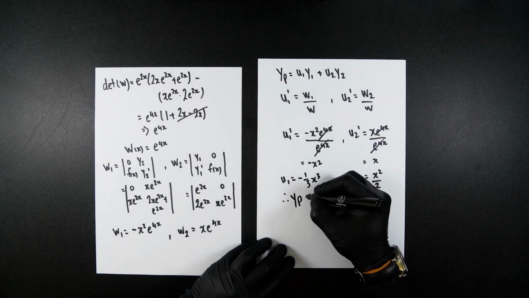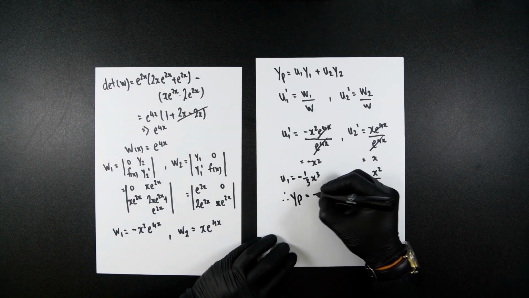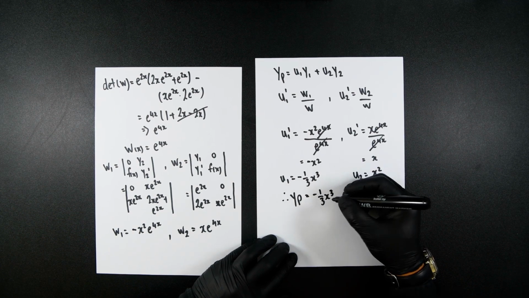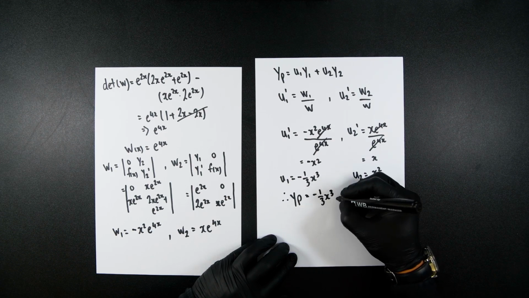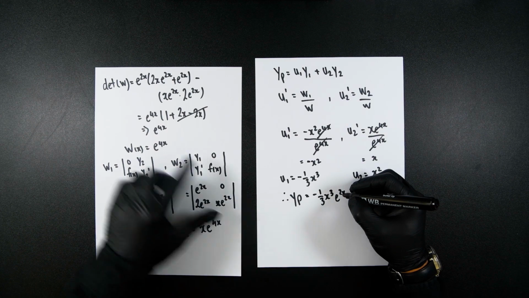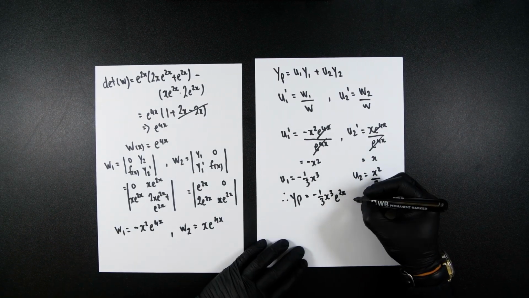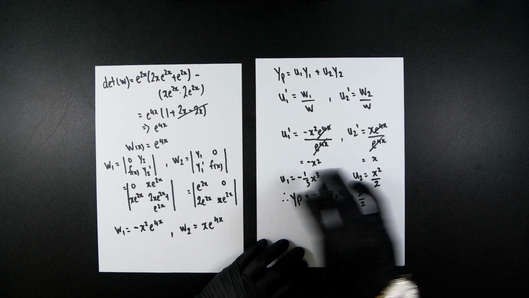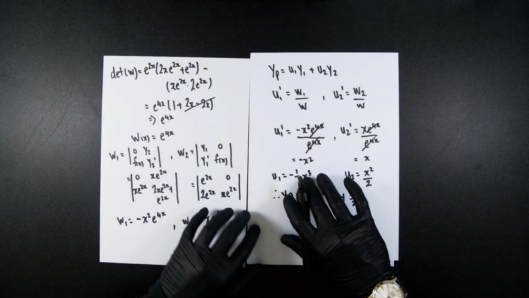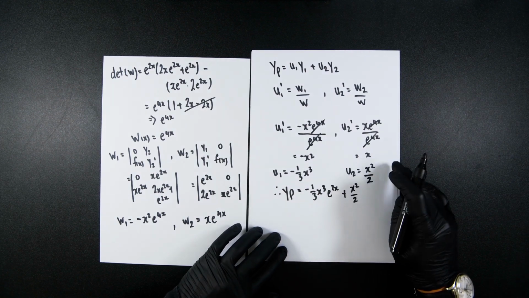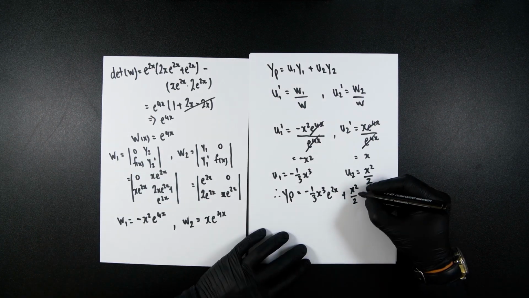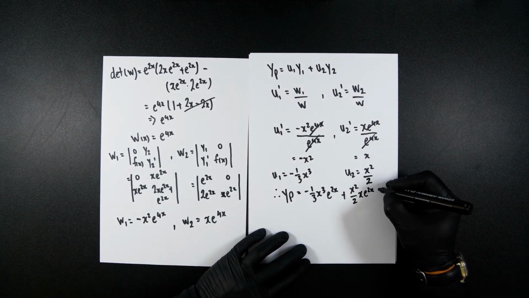So yp is going to be minus a third x cubed, and then where's our value for y1, which was e to the 2x. We've got y1 here, it's e to the 2x. And then we add that to u2, which is x squared over 2, and we're then going to put in y2, which was x e to the 2x.